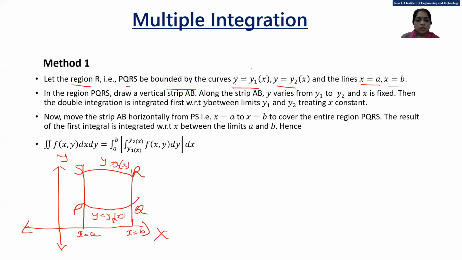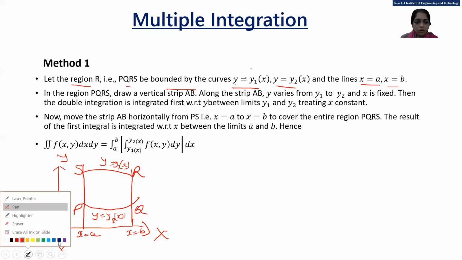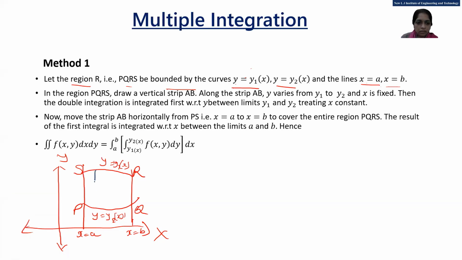Now, in the region PQRS, as this is not any particular shape, draw a vertical strip. Suppose I draw a vertical strip like this, along strip AB.